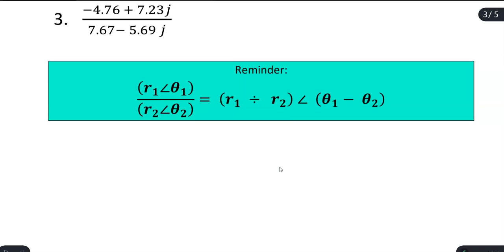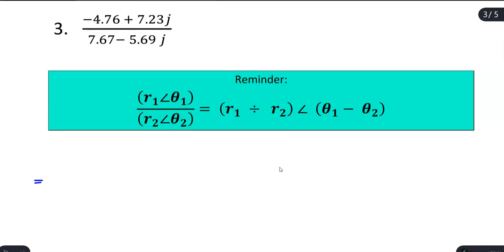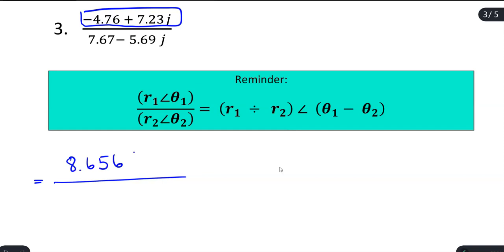Okay, so what I'm going to do is I will convert the numerator to polar form. So when I convert this to polar form, I have the answer as 8.656 and the argument is 123.360 degrees.